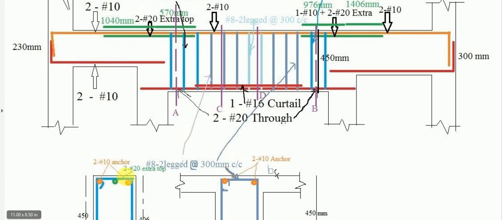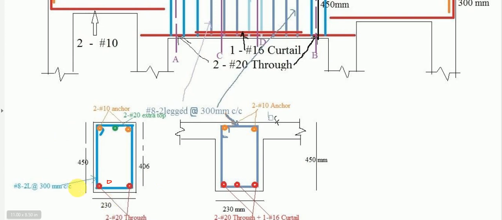So these 2 anchor bars are shown, and in addition to that these 2 bars of 20 mm diameter at the extra top. So 2 bars of 20 mm diameter at that support will act as the extra top steel.